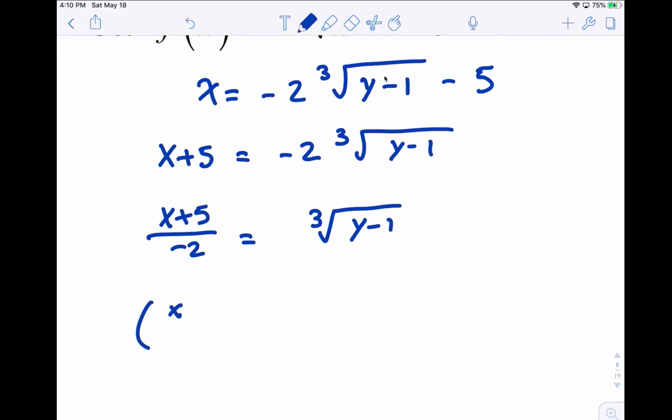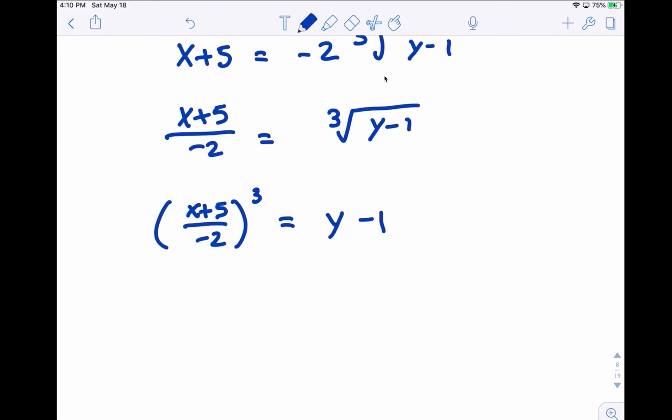So that's going to give me x plus 5 over -2 cubed. Now don't multiply that out because it's not going to be fun. So you can just leave it like that. And then the last part would be to just add the 1 over. So x plus 5 over -2 cubed plus 1 equals y.